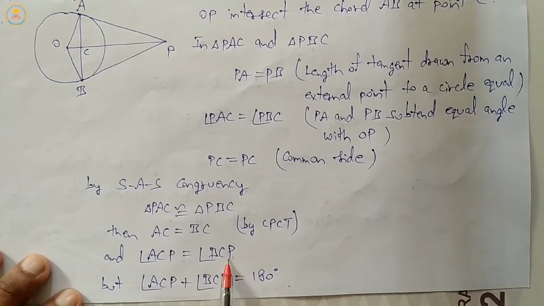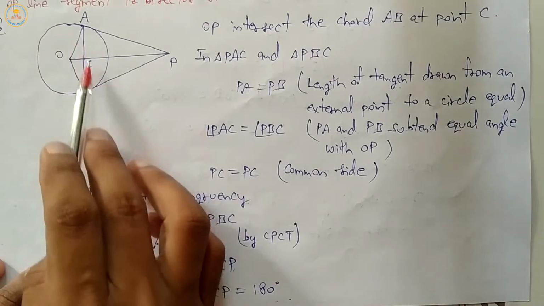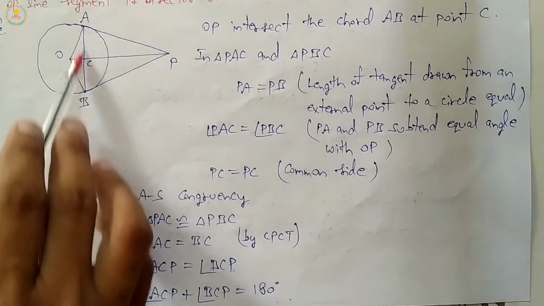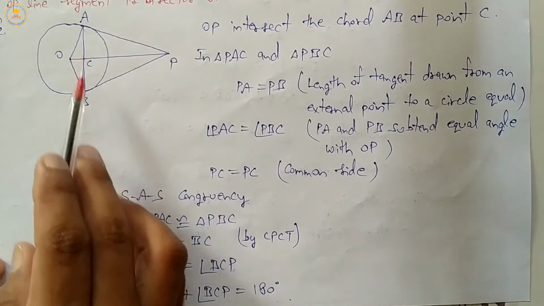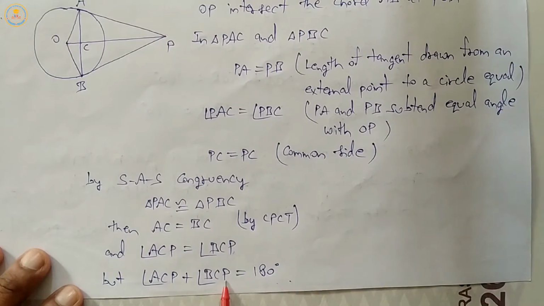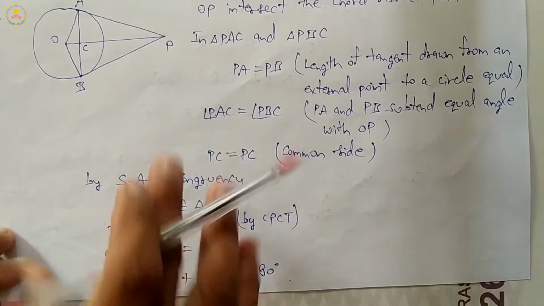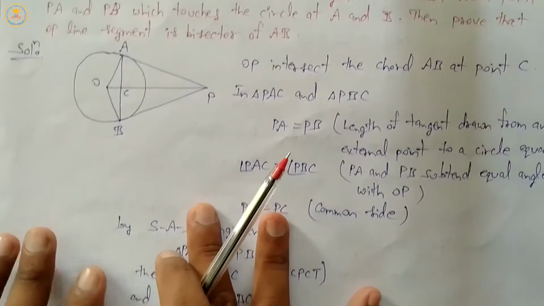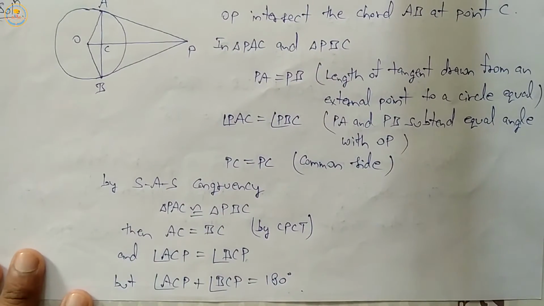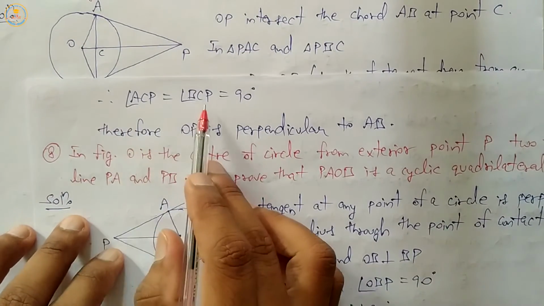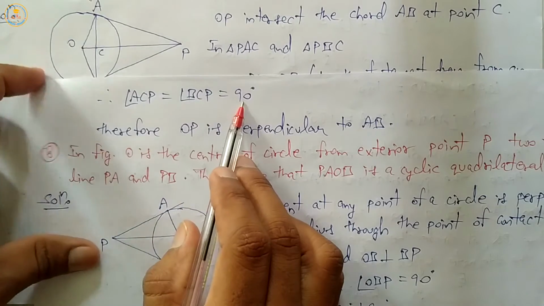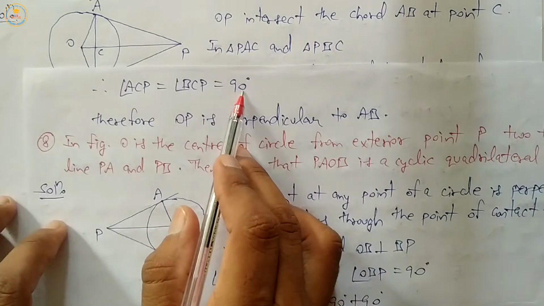AB is a straight line, so ACP plus BCP equals 180 degrees. Since ACP equals BCP, both are 90 degrees.